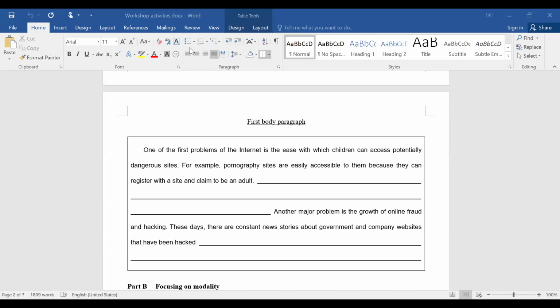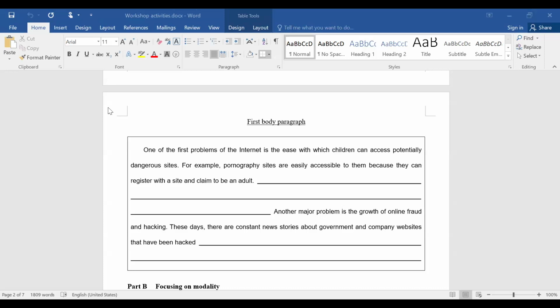But before I show you my model, I would like to see how you constructed the sentences first. Maybe your sentences are better than my versions. So it's very important for me to see the sentences that you have written. Anyone would like to share what you have written for your first body paragraph?